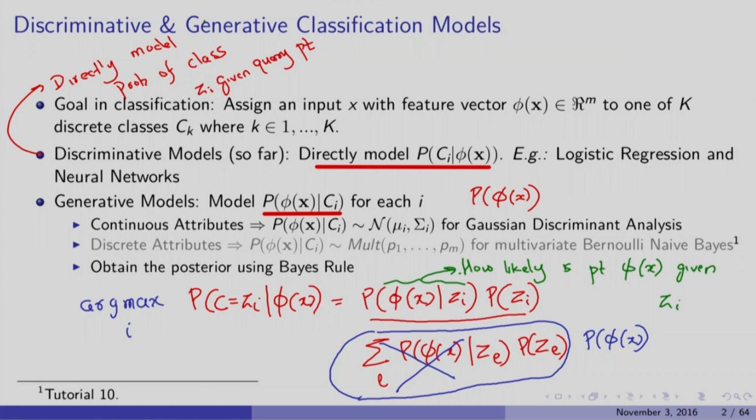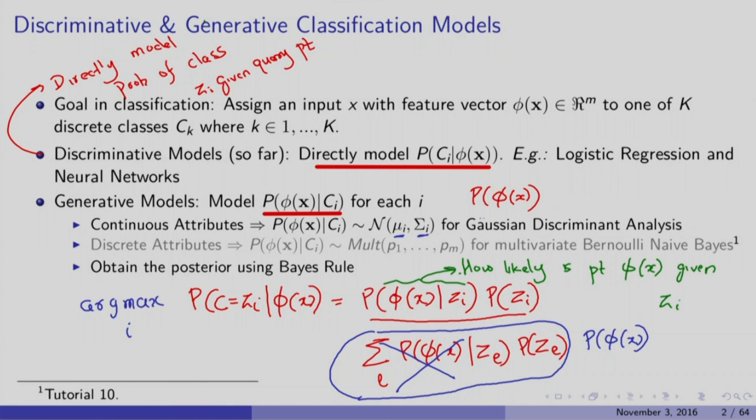In the continuous case, a very often used model is the multivariate Gaussian or multivariate normal distribution. For the ith class, you model the mean and the covariance matrices to be mu I and sigma I respectively.